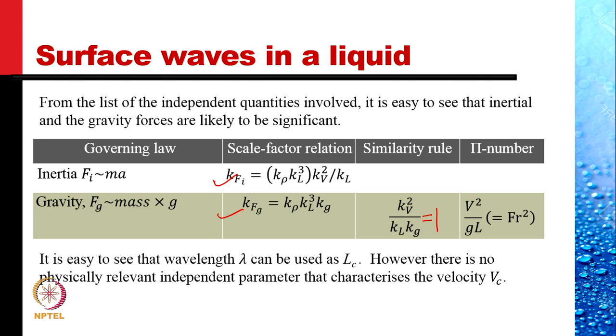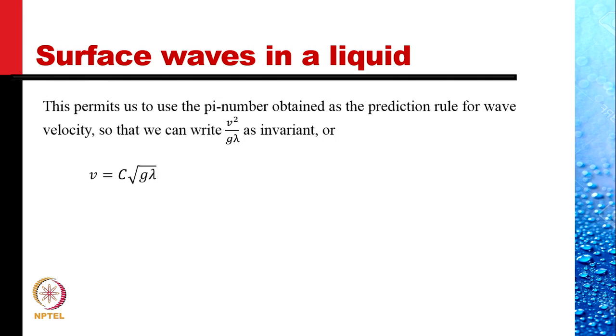This V square by gL becomes a prediction rule itself. There is no modeling rule required. So V square by gL should be order 1. So V square should vary like gL. L is lambda. So V is like C times under root g lambda.